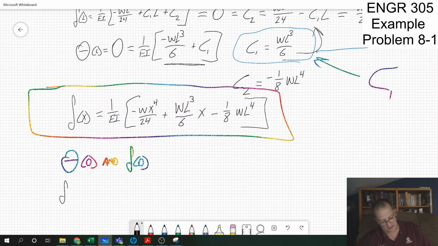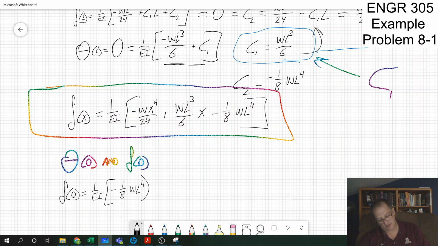Let's punch in delta at 0 is equal to 1 over EI times what's in brackets. Well, the first term goes away, the x is 0, and the second term goes away, and I get minus 1/8 WL to the 4th.